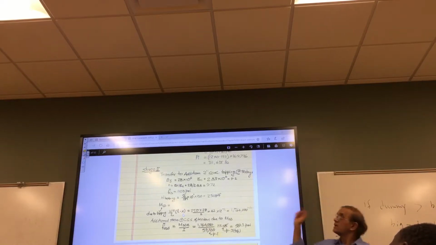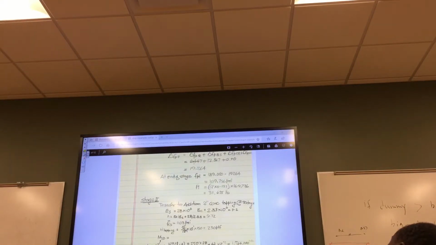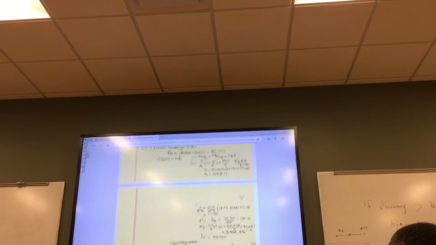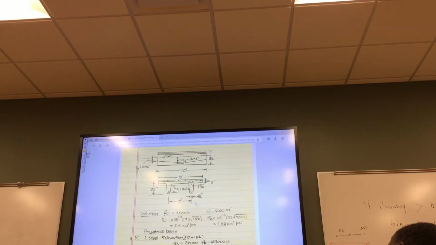The span. Let's go back here. 70 feet, right? So 0.4 L will be 28 feet. That's what I had for X. So I thought you guys would pick up a little quicker.